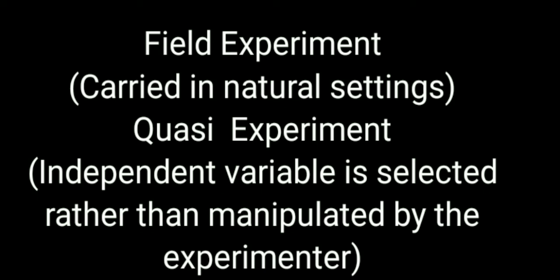There are some advantages and disadvantages for the field experiment. In advantages, outcomes are observed in natural settings. It is more likely to reflect real life, whereas in disadvantages, it is a very time consuming and expensive process, and the control over relevant variables is less as compared to lab experiments.